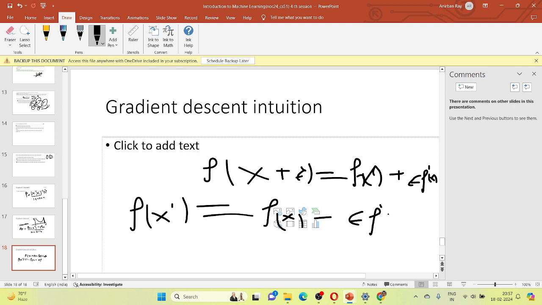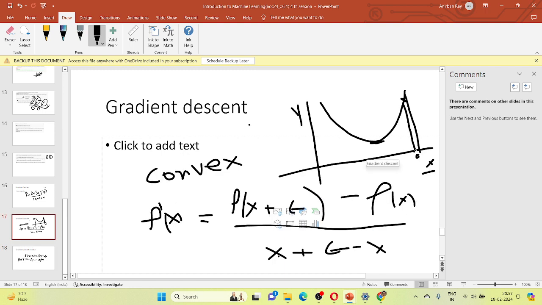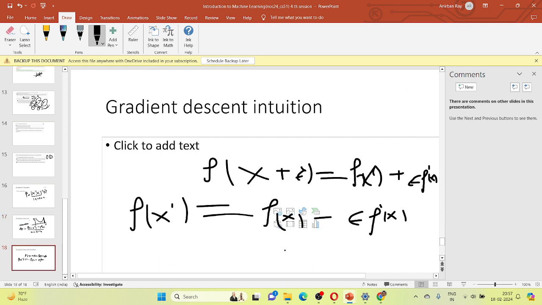To reduce, I need to subtract. As we go further along x, the function value is increasing, but to get down we need to subtract, keeping that e value positive. So this is actually the expression for gradient descent.